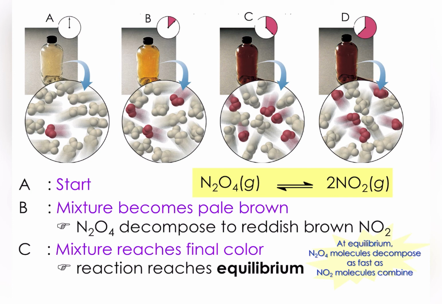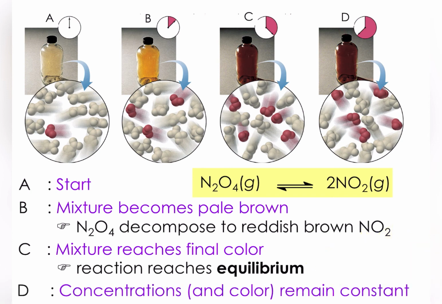So that's why ada reversible reaction between reactant dan juga produk. And at condition D, the concentration and the color remain constant and there will be no changes anymore because the color of the mixture stays as it is.